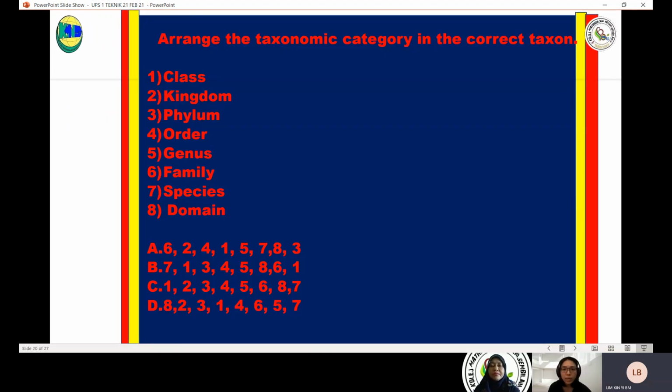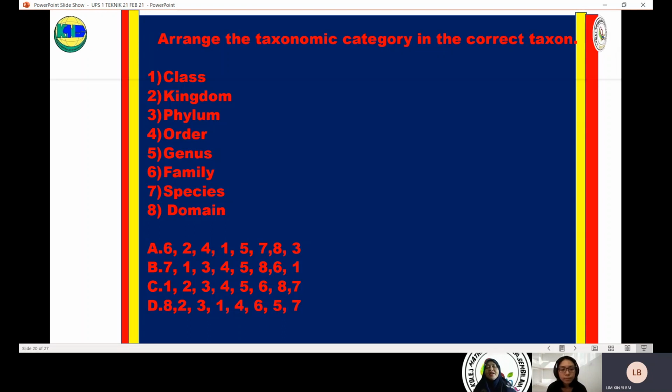Arrange the taxonomic categories in the correct taxon. Usually when we arrange taxonomic categories, we arrange from the largest subset to the smallest subset. Out of all the answers here, which one do you think is the best answer?